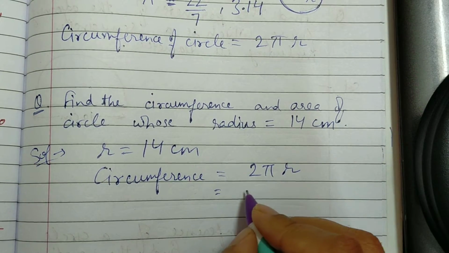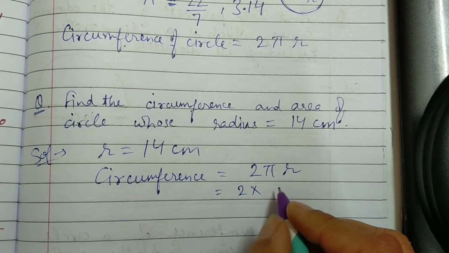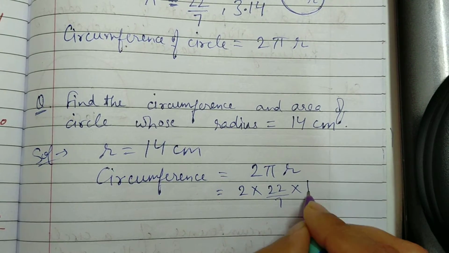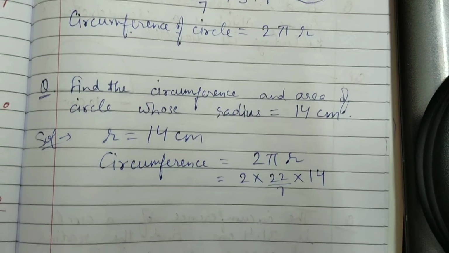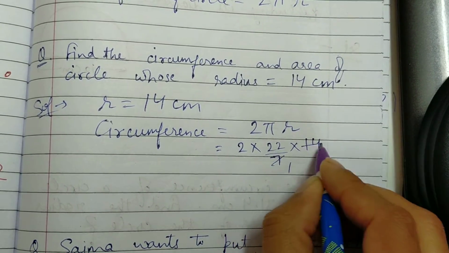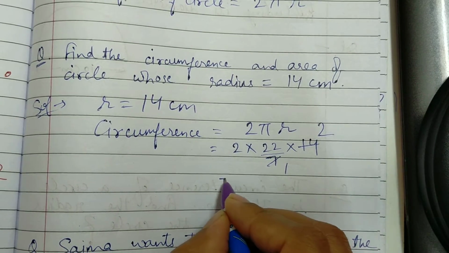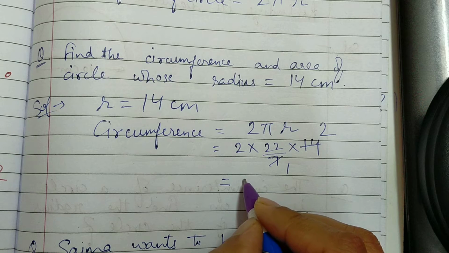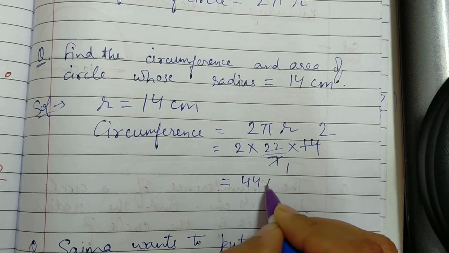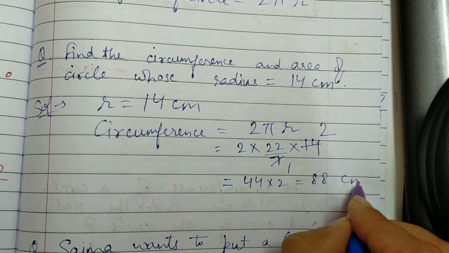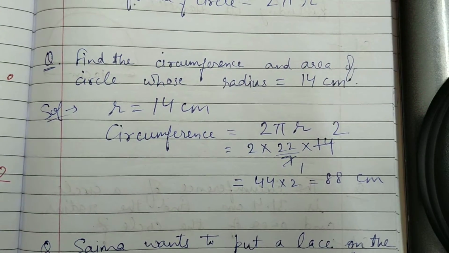So put the value of r. 2, pi is 22/7, multiply r is 14. Radius is 14. We'll calculate the value and we'll get the answer. 88 centimeter is the circumference.